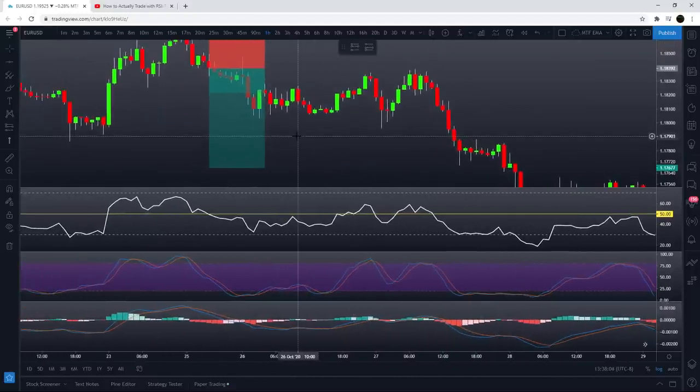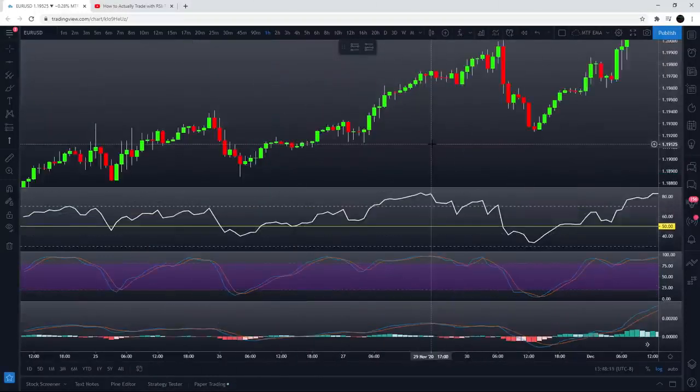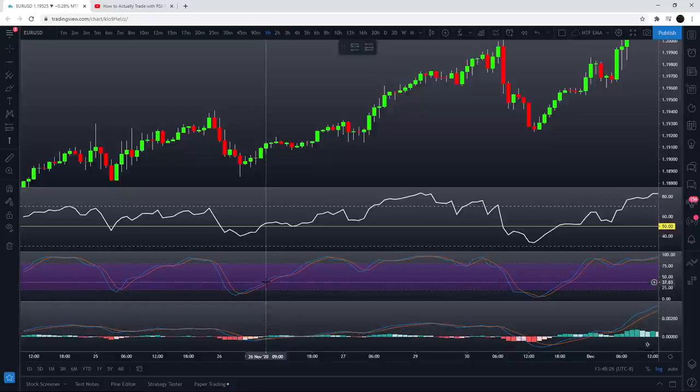Okay, next example. On this next example, we see the stochastic go oversold, so we're going to be looking for a long position. The RSI then crosses up above the 50 line and the MACD crosses up shortly later. Stochastic is still not in the overbought territory, so we're good to enter this position.